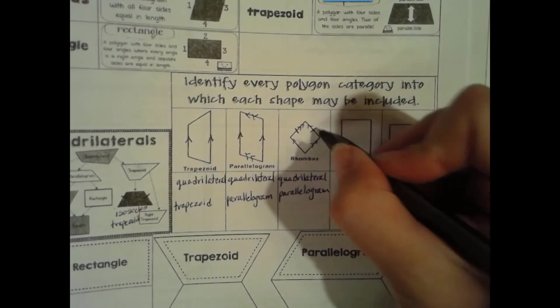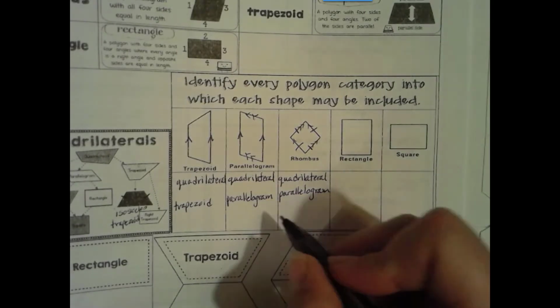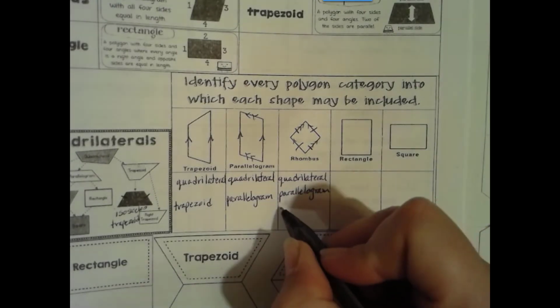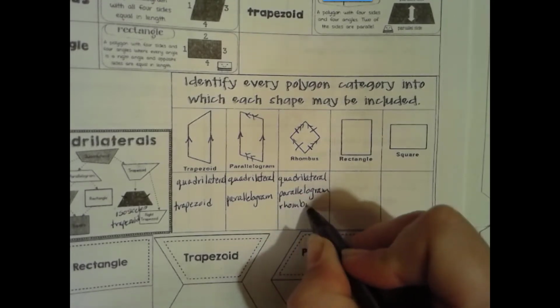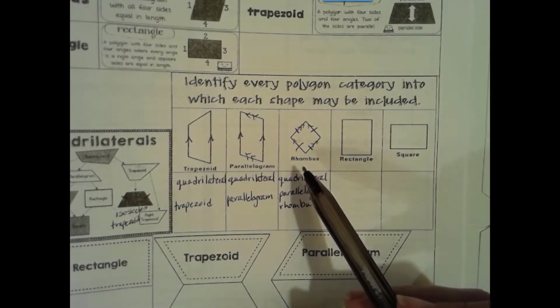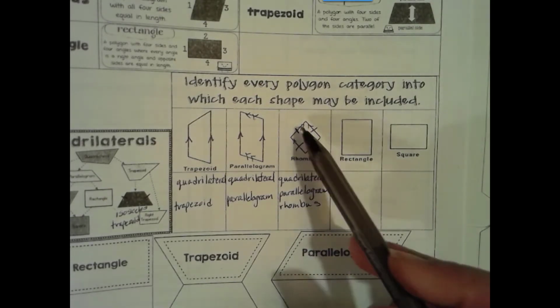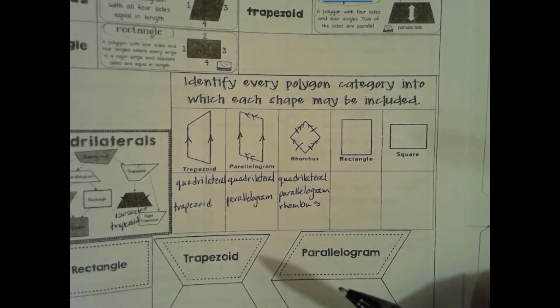All 4 sides are congruent or equal in length, so it is a rhombus. Now this particular shape looks like it may have close to right angles, but they're a little bit off, so that's as specific as we're going to get.